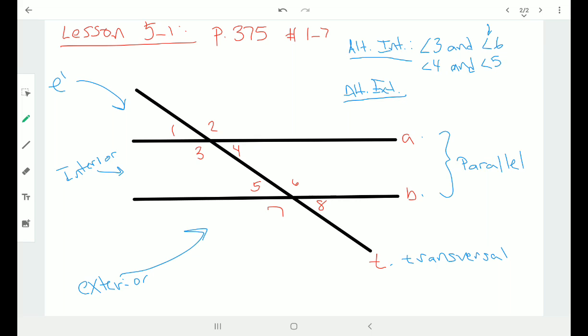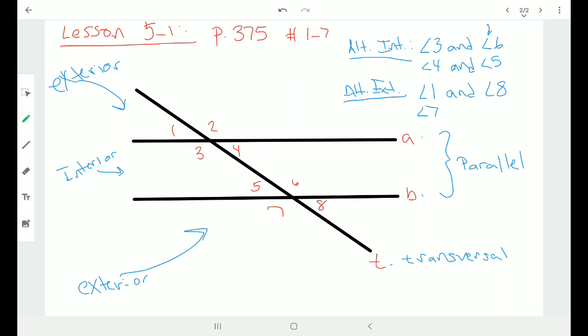So on these sides. So, for example, 1, 2, 7, and 8, those are all exterior angles. So alternate exterior angles, if you're thinking about opposite, would be like angle 1 and angle 8. And since those are alternate exterior angles, they are also congruent. They are the same measure.